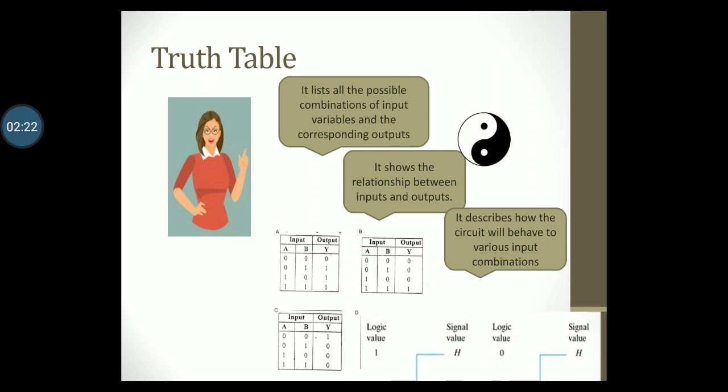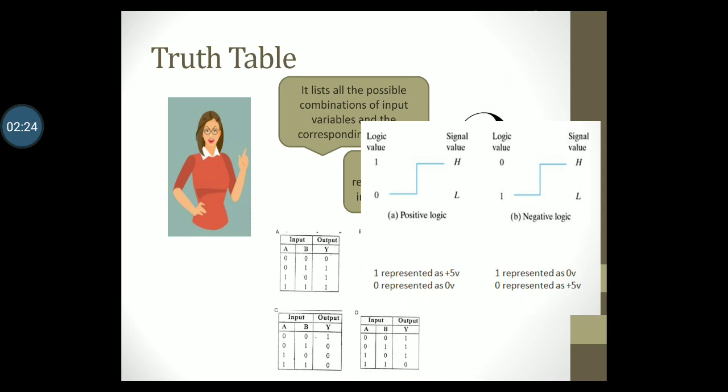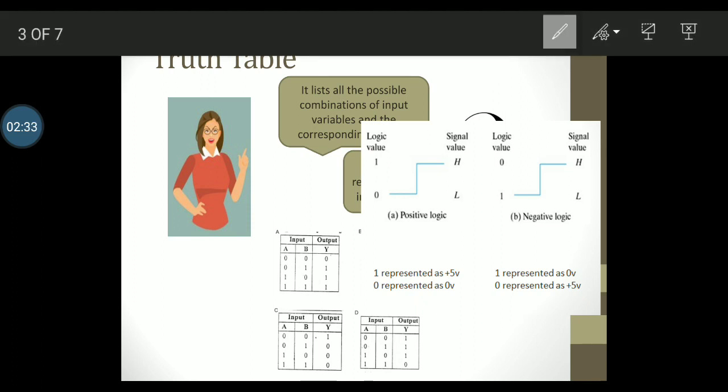Recall from a previous video the different types of logic. We have positive logic and negative logic. In positive logic, if 1 represents a high voltage and 0 represents a low voltage, we call that a positive logic system.